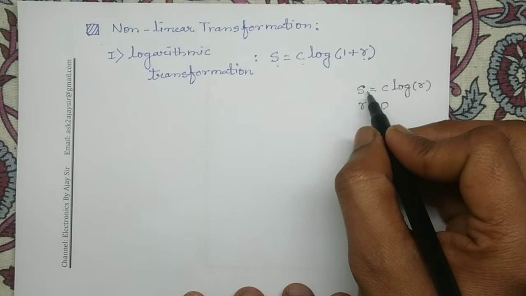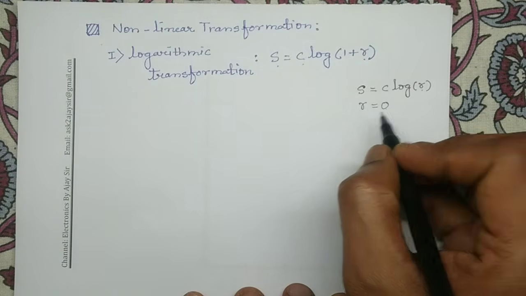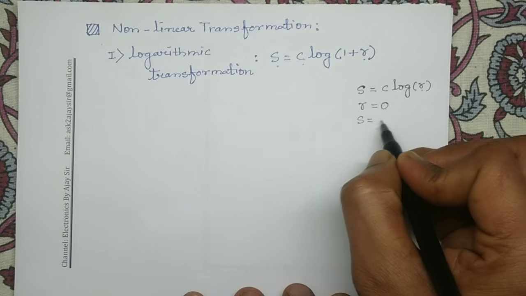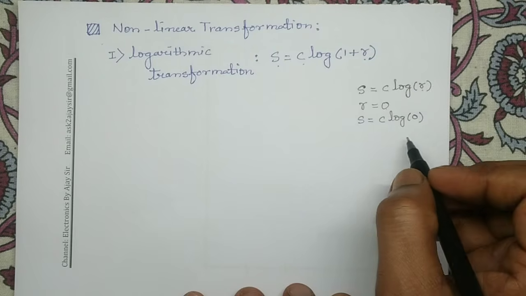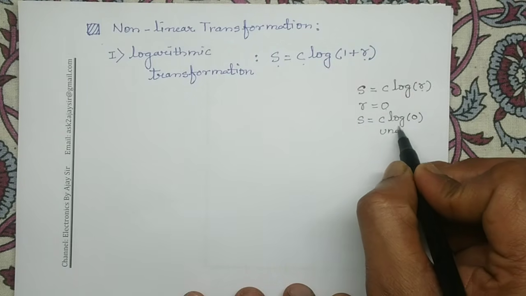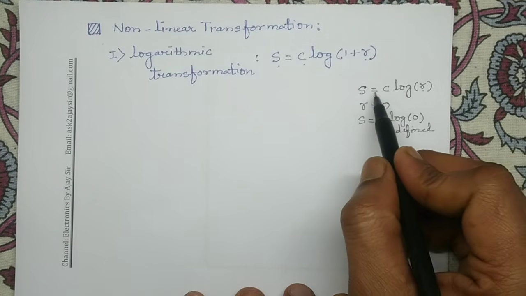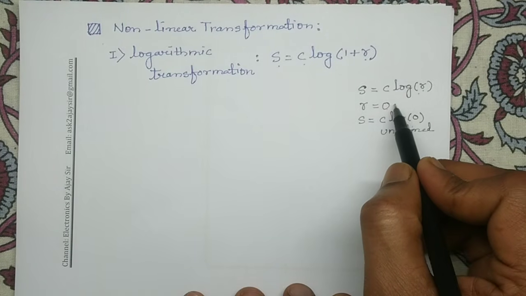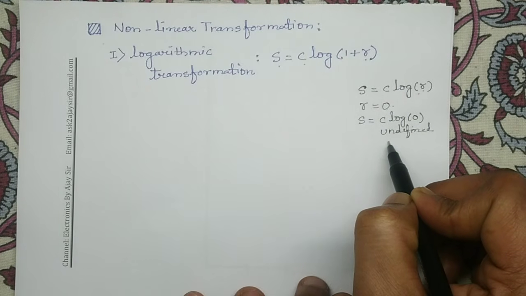So when R equals 0, in this equation, in place of R, if we substitute 0, the equation of S becomes C log 0, and we know log 0 is undefined and hence S is undefined. So using this equation, when input intensity is 0, my output intensity becomes undefined.